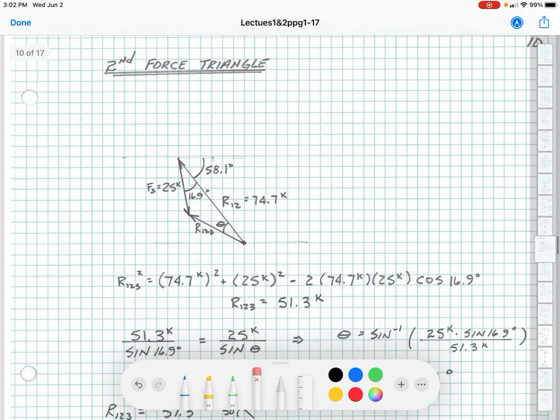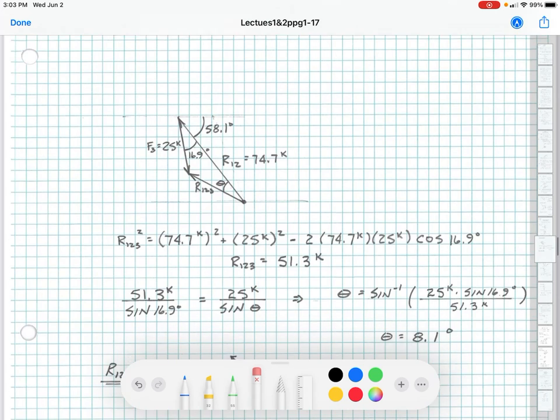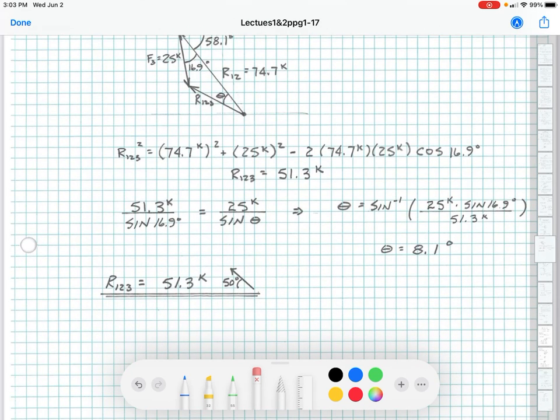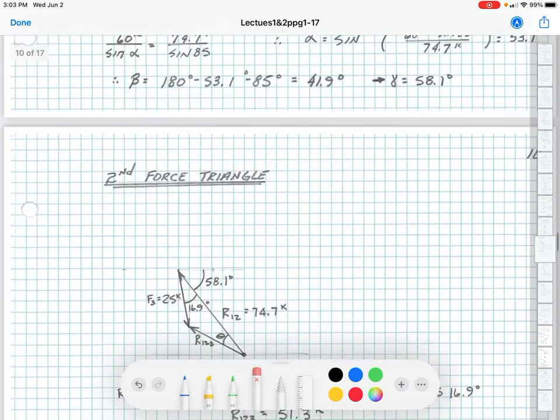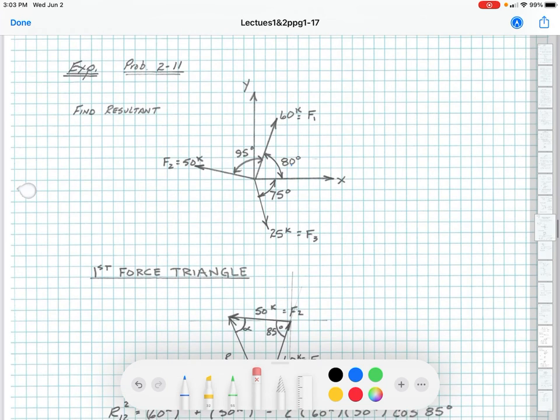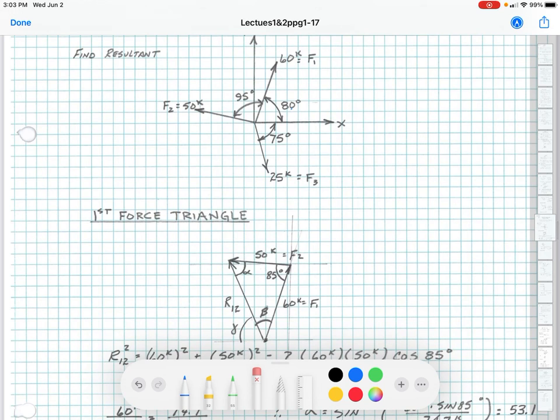We took the angle of R12 and set up a second force triangle, which was R12 plus F3, which yielded R123, and then we solved for its sense and got the angle of 50 degrees. So this is a real good example of solving for a concurrent force system where you need multiple force triangles in order to keep adding them together in order to come up with the resultant of the overall system.